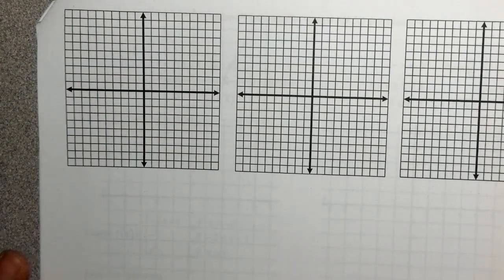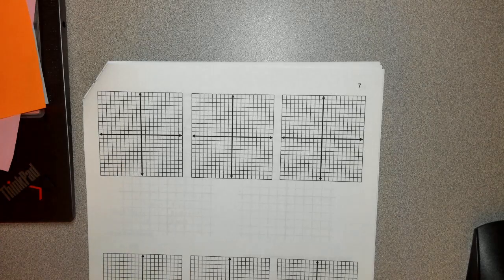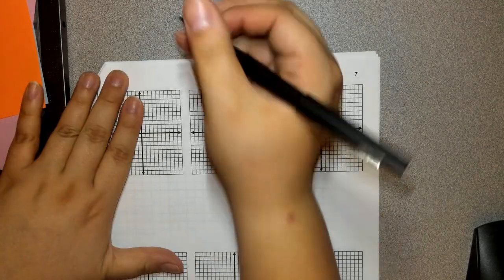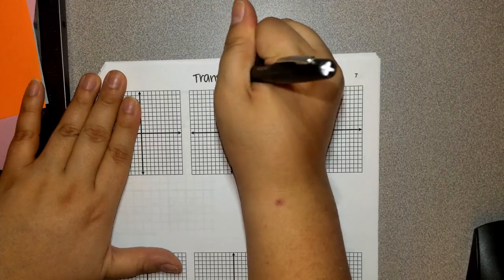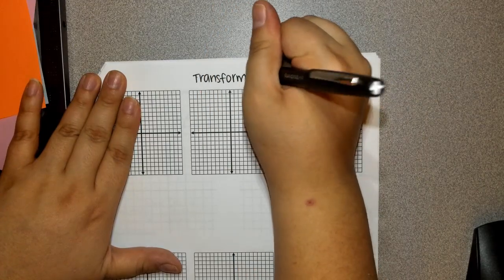If you didn't write it down, you're still responsible for writing this down and referencing it. I now need you to go to the next page. Now we're going to graph. Page 7, please.